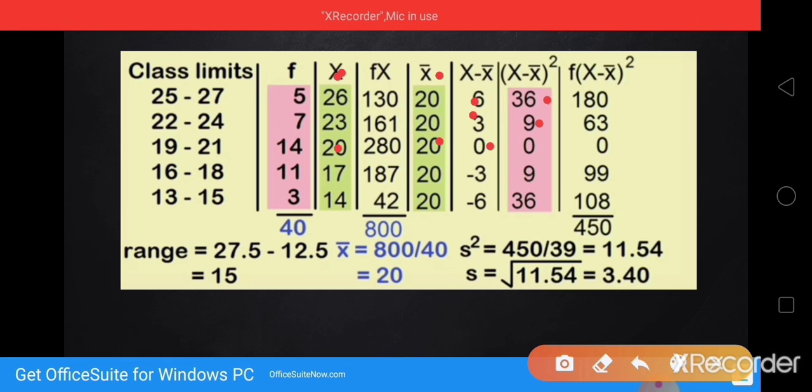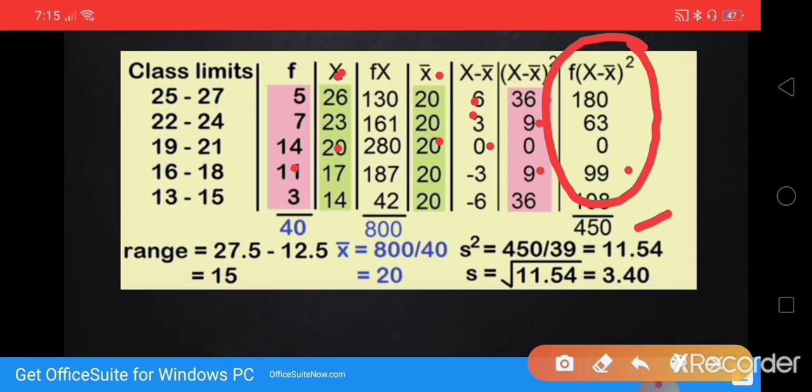To find the f times x minus x bar to the power of 2, you multiply, for example, the frequency 11 times 9 equals 99. You add all to have a total amount of 450.